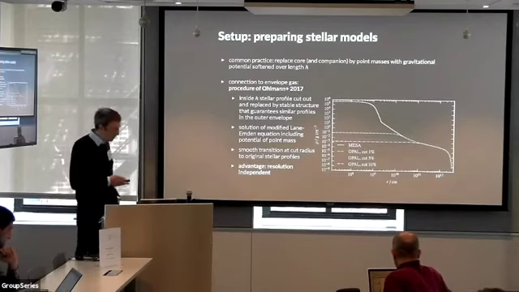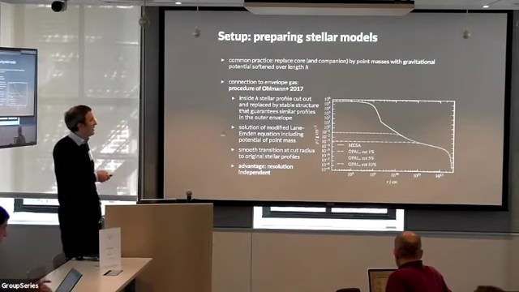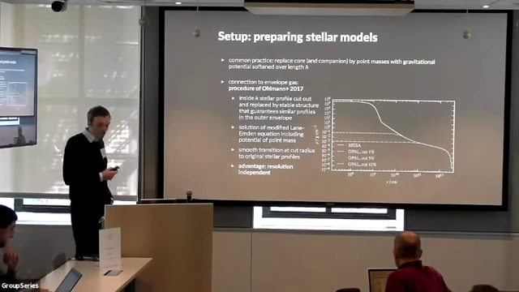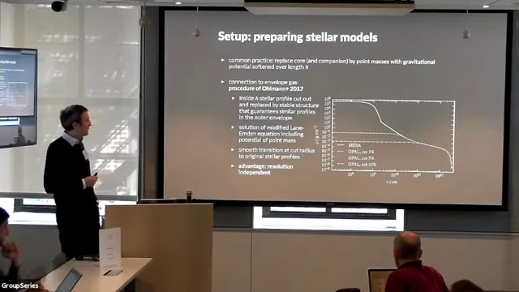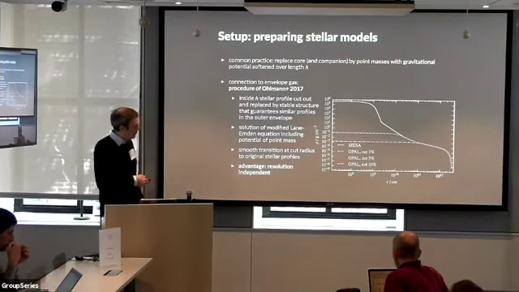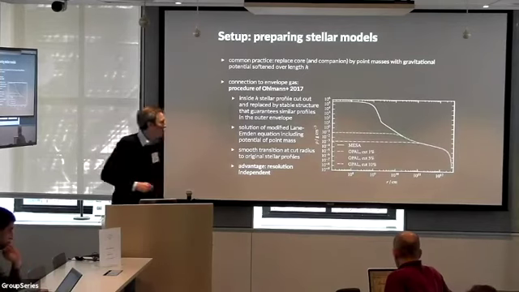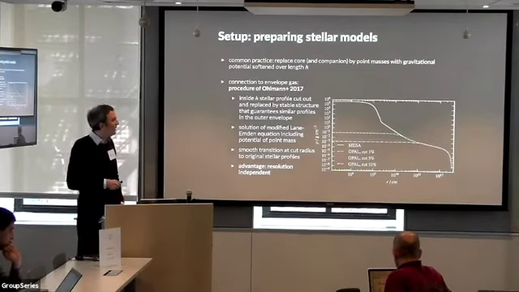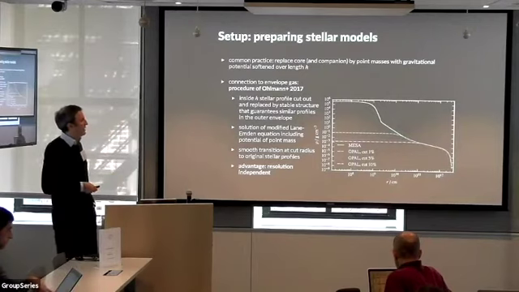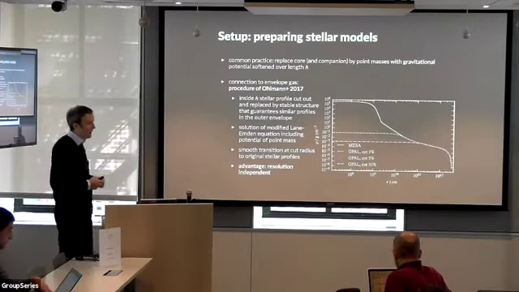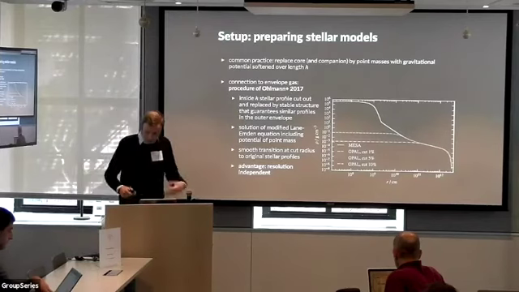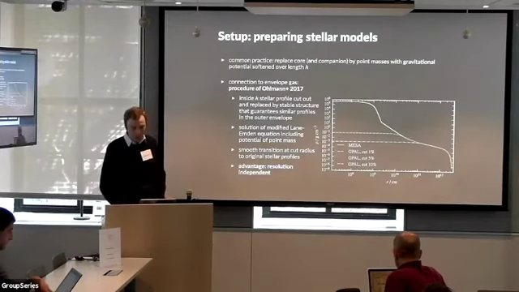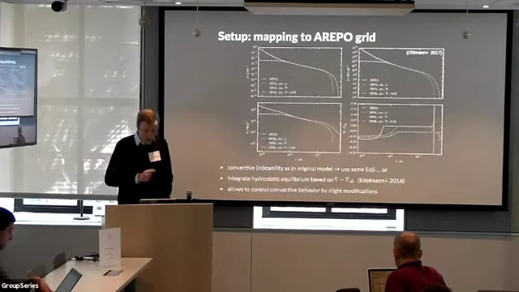This is achieved by solving a modified Lane-Emden equation with the potential of the point mass representing the core being included. And then we stitch the inner profile together with the outer profile of the stellar envelope at the cut radius in a smooth way, and in this way one can construct in a reliable way resolution-independent giant models for these simulations.